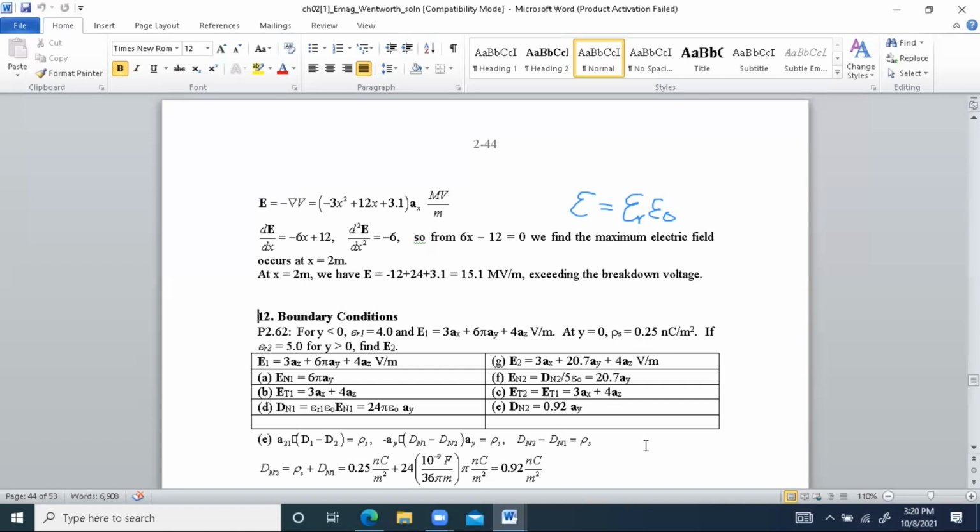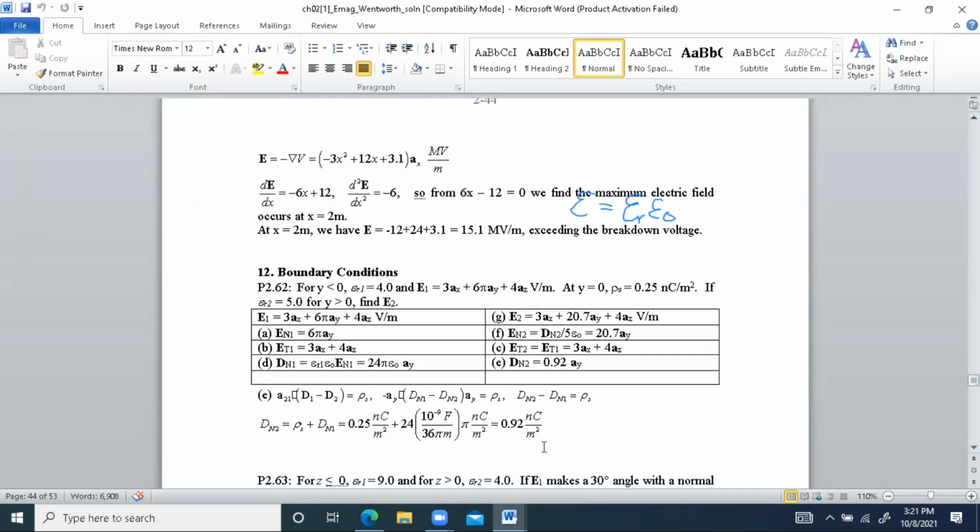Add it to this and see what you get. What I did was ignore the surface density, but here it is. I got it. Sure, the 0.25, that's it, right?